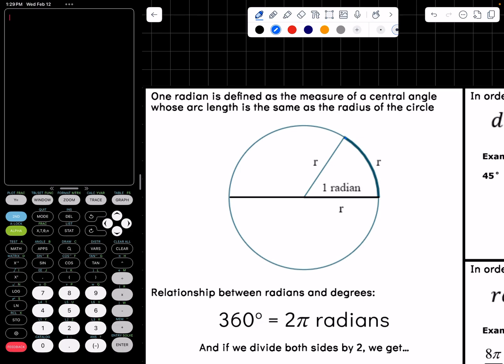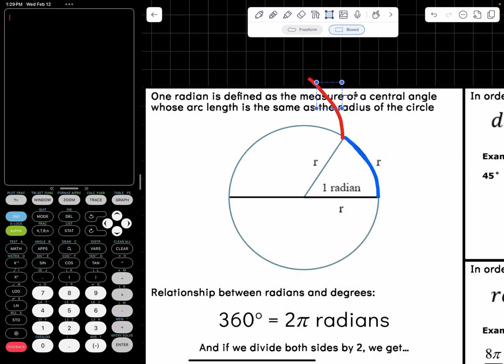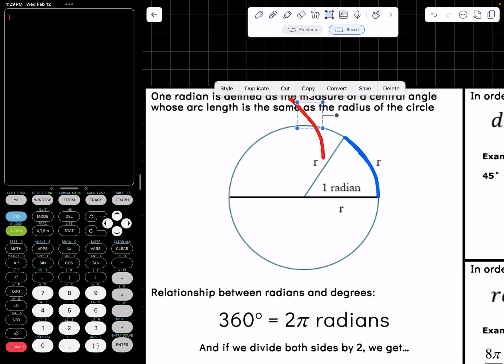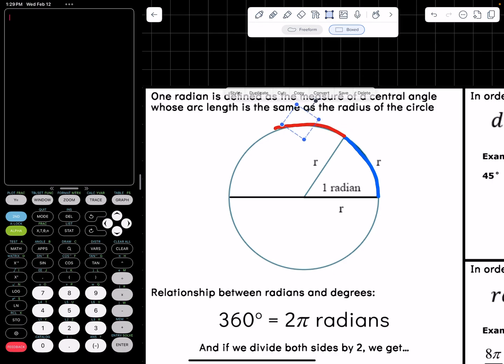And what we're getting to here, we can look at and see its relationship with pi. So if I take this piece right here and I duplicate it, and I'll change the color of it so we can see a different piece of it. We're going to try and match this on, so bear with me as I draw that.